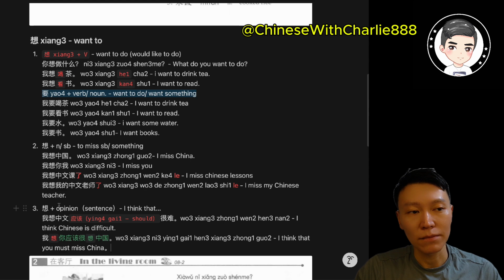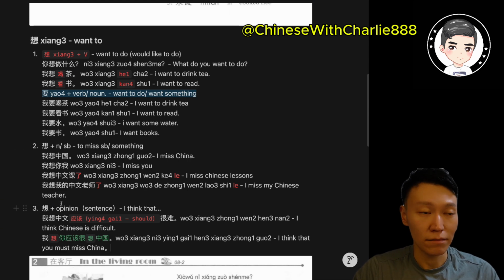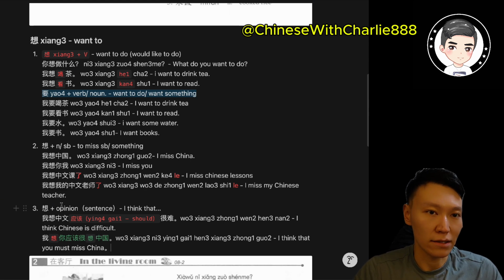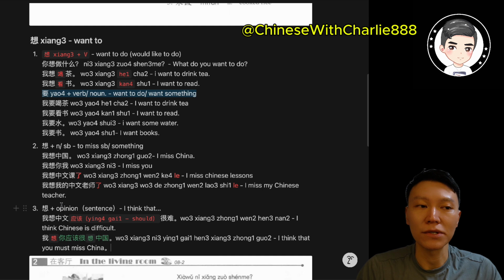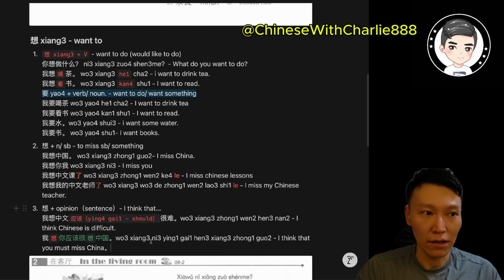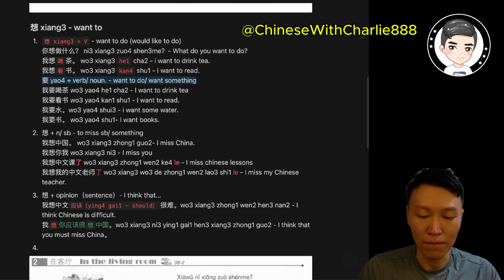So that's the third meaning of 想, meaning I think that. So usually after this 想, we have to use a sentence which is our personal opinion. Okay. And then the fourth meaning of 想 means to think about. Then we can also use a noun after it.